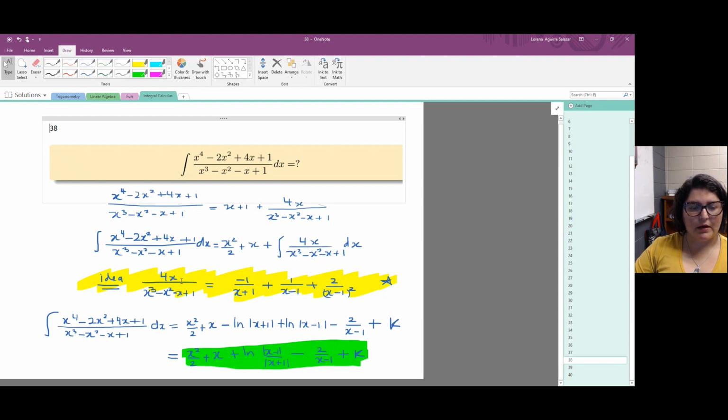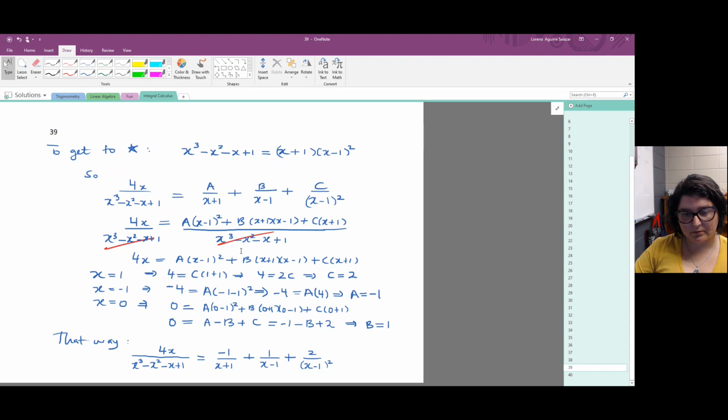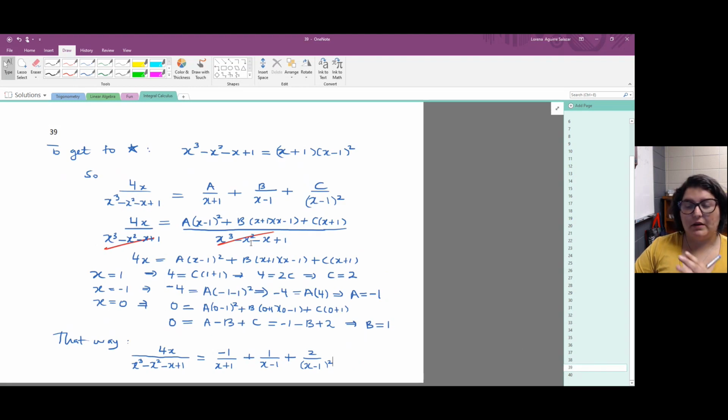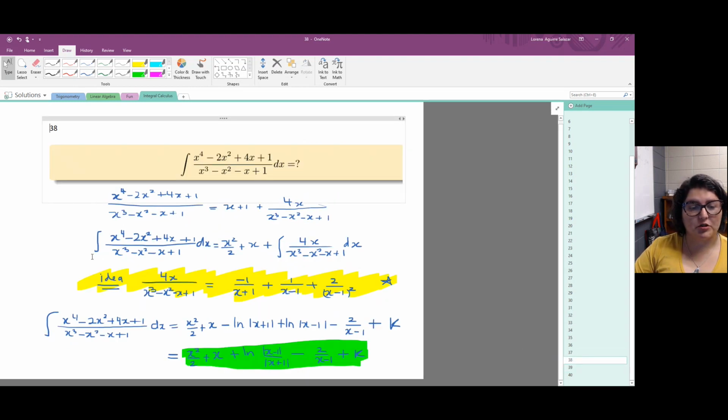And then we said that if we had a decomposition for x over the cubic polynomial, then we would know the integral is this, and then we justified the decomposition. In general, you wouldn't know the decomposition beforehand, so this step would show up before we find the final answer.